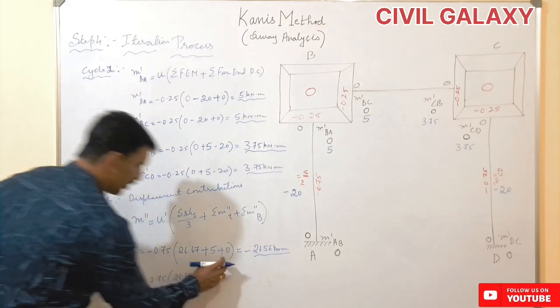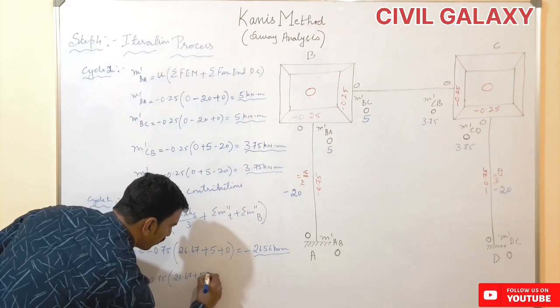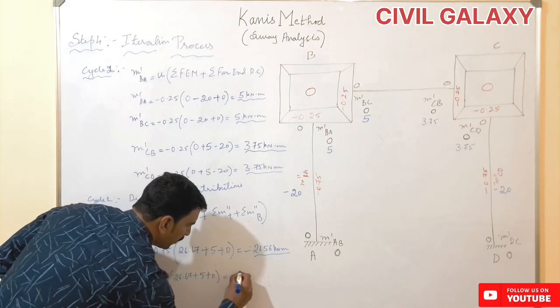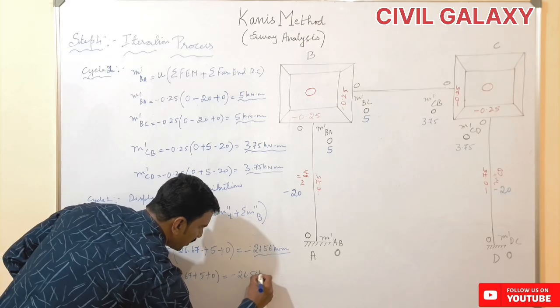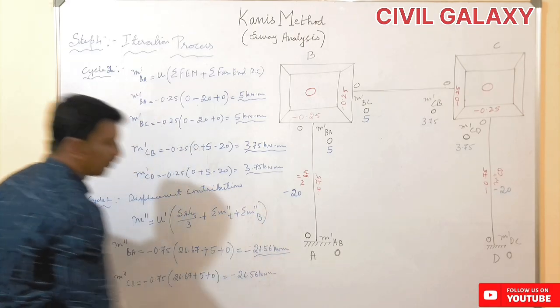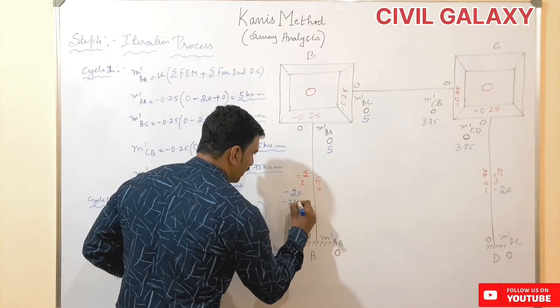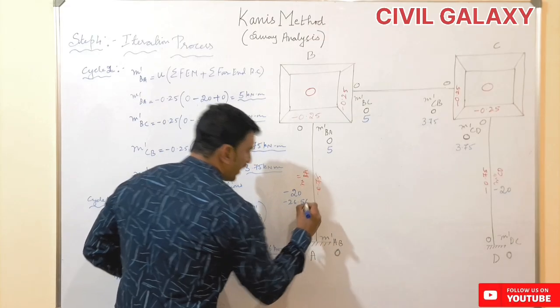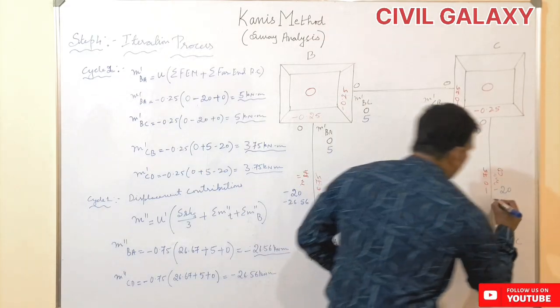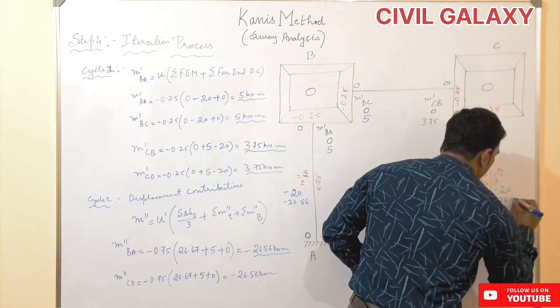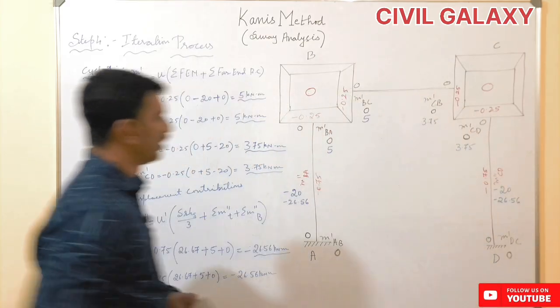Here also the same values are applicable, plus 5 plus 0, this will be equal to minus 26.56 kilonewton meters. So we add this value over here, that is minus 26.56, and here also it is minus 26.56.